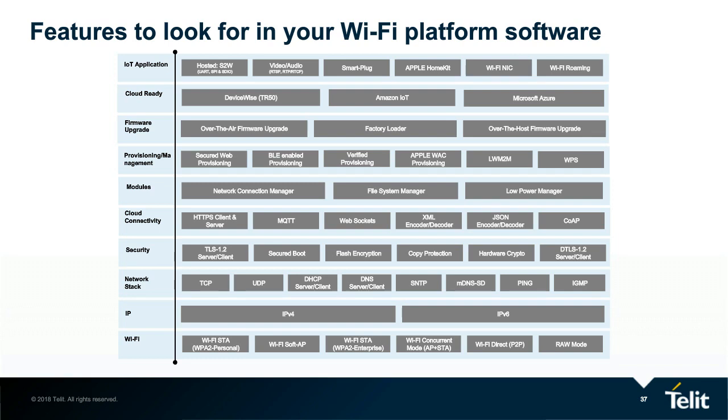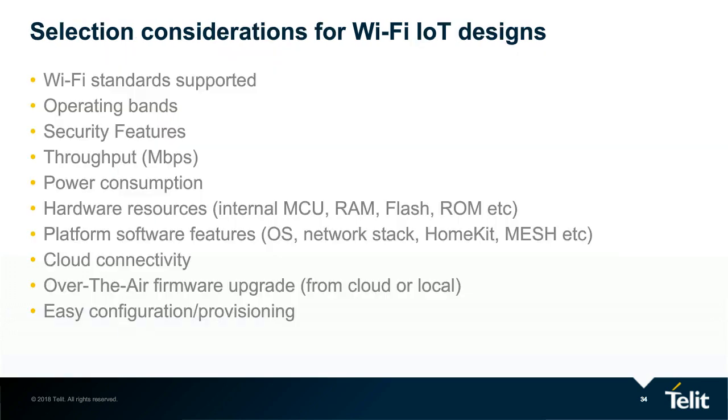Now, going back to the selection considerations, look at the cloud connectivity, right? Now, it's pretty tricky. Here you need to make sure that the platform software provides all the building blocks for exchanging data with the cloud.